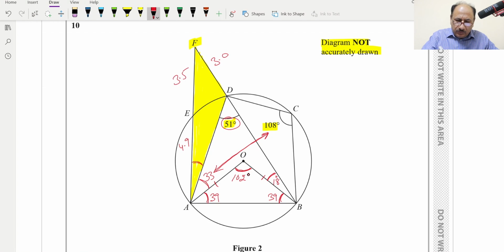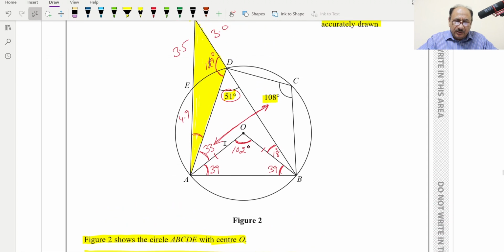So 3.0 over sine A will be equal to, this angle will be 129 because AFD plus B is 180 degrees, so this will be 129 degrees. So we can apply the sine rule over here.